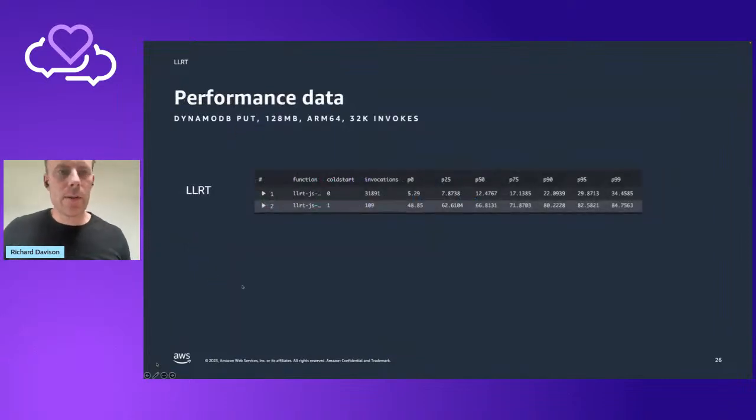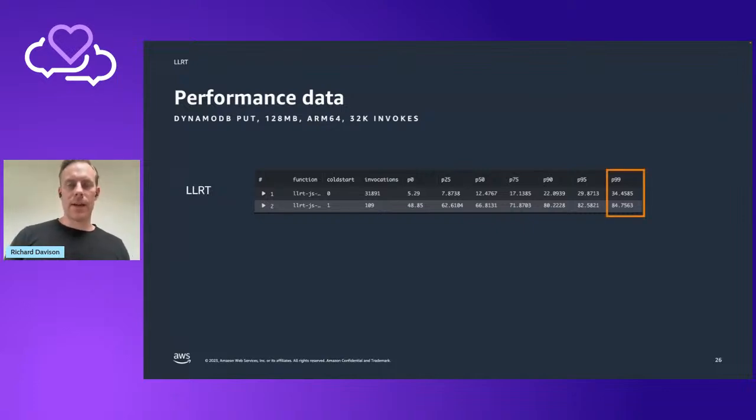And if we take a look at how it would perform over a longer time, this is a load test running a DynamoDB put, the same code that we saw before, using ARM with 128 megabytes of memory configured, over 32,000 invocations. And here are the numbers.